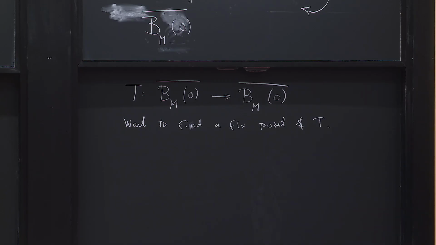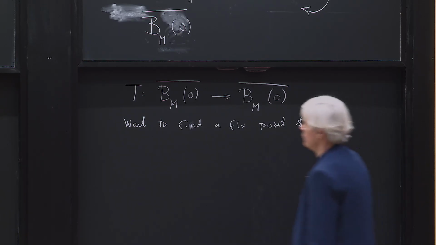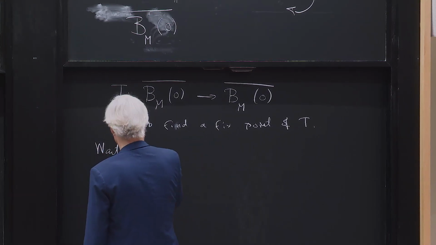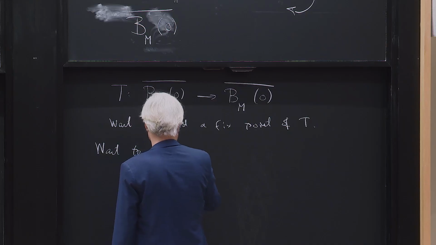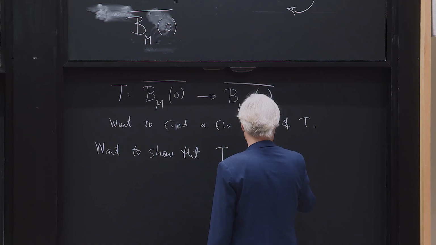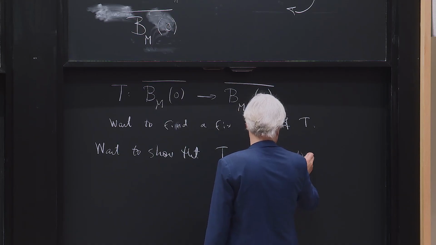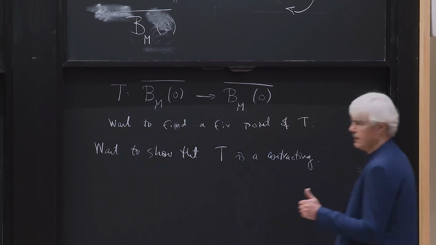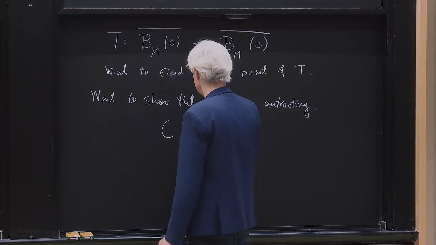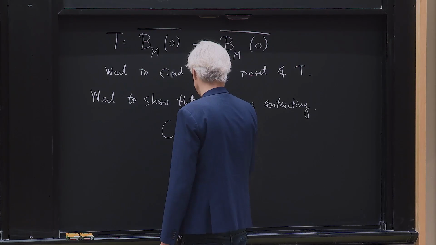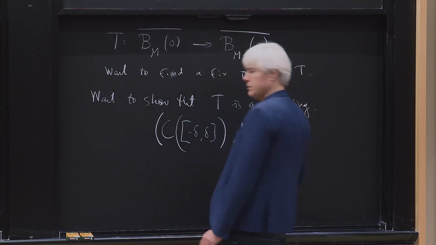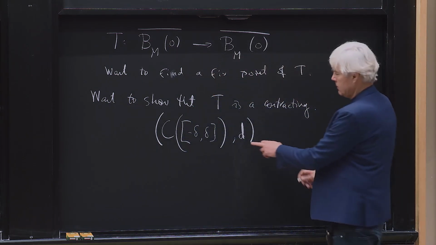Okay, so we want to show that T is a contracting map. Right? Because if it is a contracting map, then we already know that if you take a closed interval like this, and you equip it with the usual distance that we have, this here is Cauchy complete.